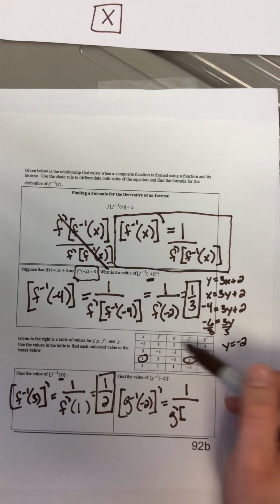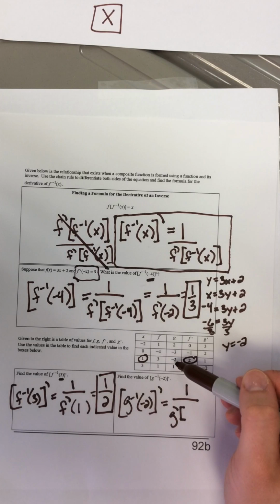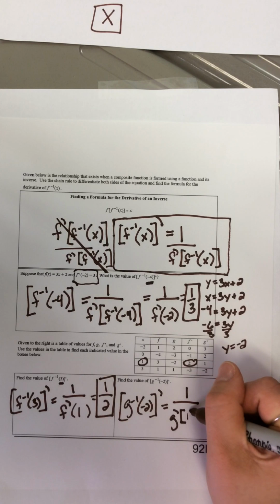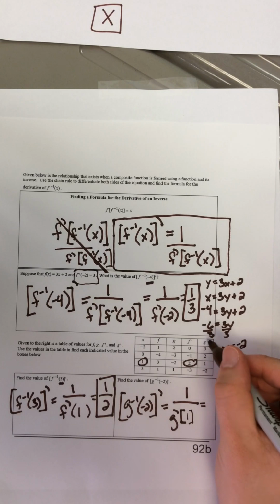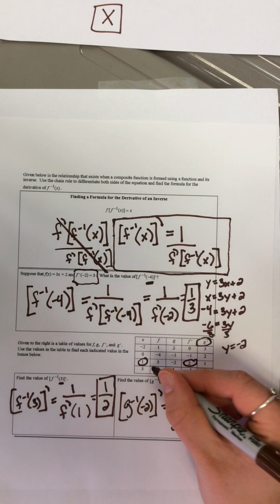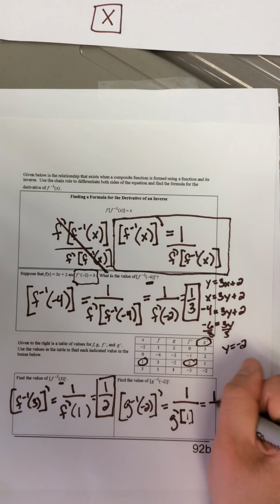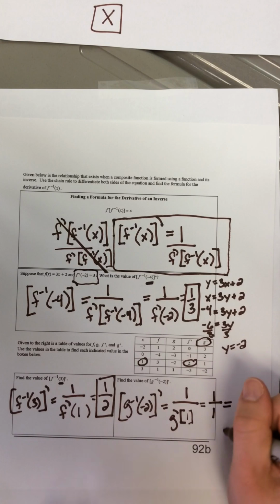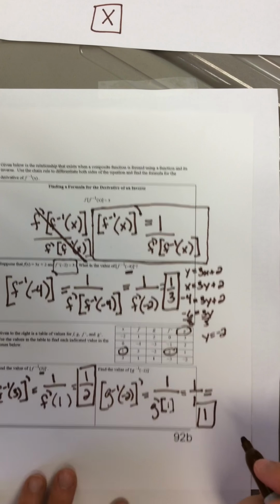These are g's. Well, if I look down here, I have no g inverse. So the only thing I can do is go to g and look where there's a y value of negative 2. And I can see it's right here, and my x value is 1. G prime of 1, I have a g prime. G prime of 1 is 1. 1 over 1 is 1.